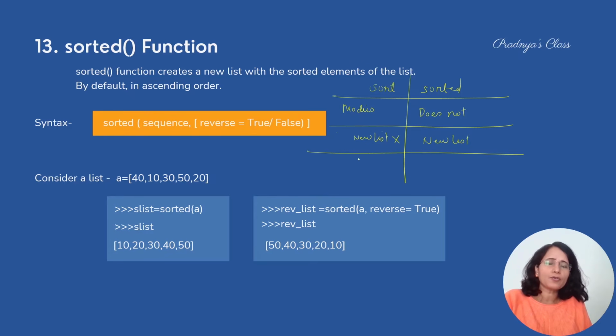Sort method works on a list and the sorted function can work on any sequence. And as sort does not create any new list, it does not return anything. And in case of the sorted function, yes, it does return the new list. So these are some of the differences between sort and sorted.